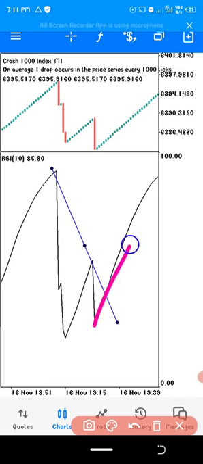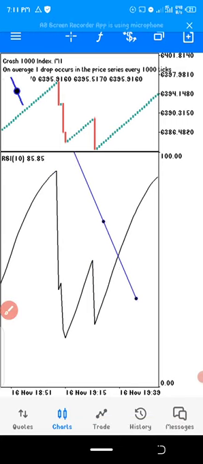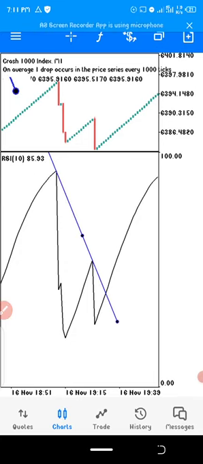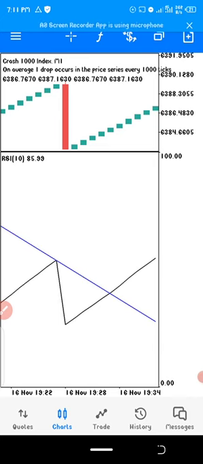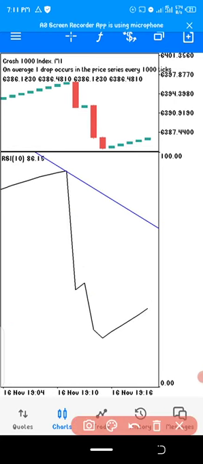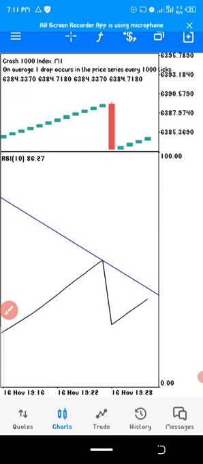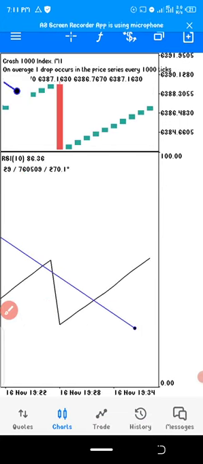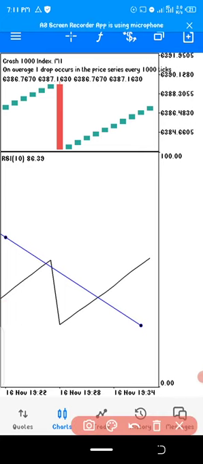You can see right here as well, you want to make sure when drawing your trend line that the trend line itself is actually touching the peak. If I zoom in right here, you will see that my trend line is actually touching the peak. You can see right here as well, it is touching the peak. This shouldn't be the case for you. You shouldn't do something like this. You can see right here now, the line has gone below the peak.